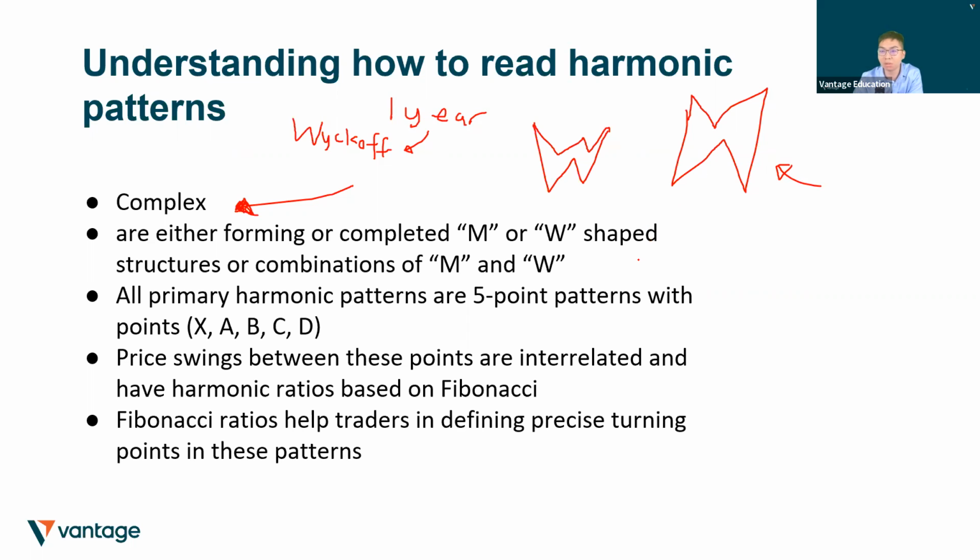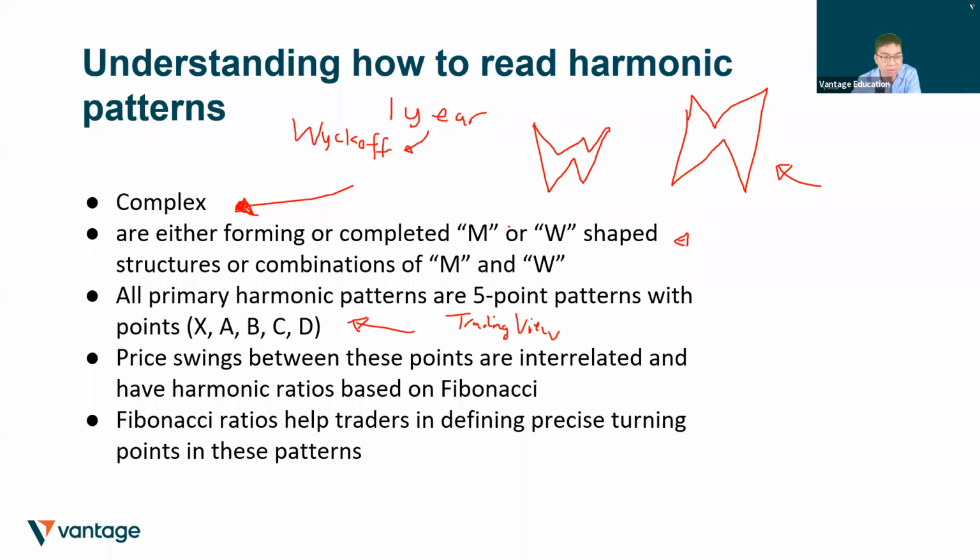Okay, moving on. These patterns are either forming or completed M or W shaped structures, or combinations of M and W. All primary harmonic patterns are 5-point patterns with points X, A, B, C, and D. There's actually a tool on TradingView, the XABCD, where you can start to draw it out.